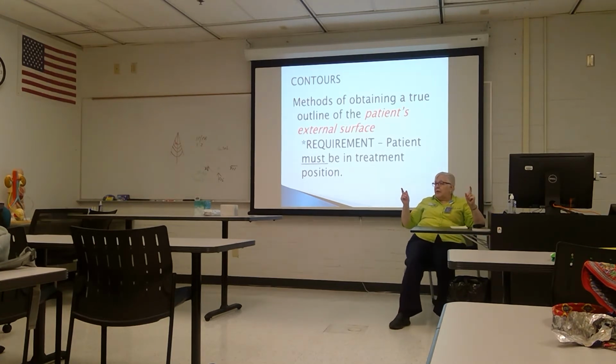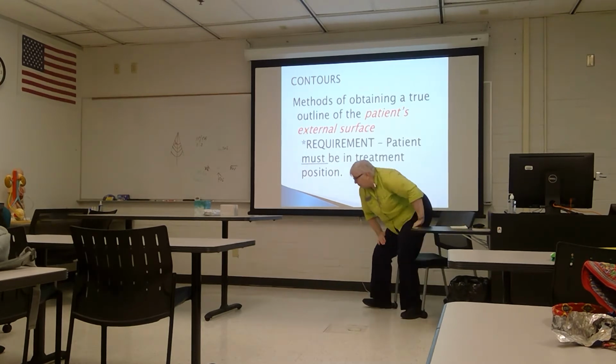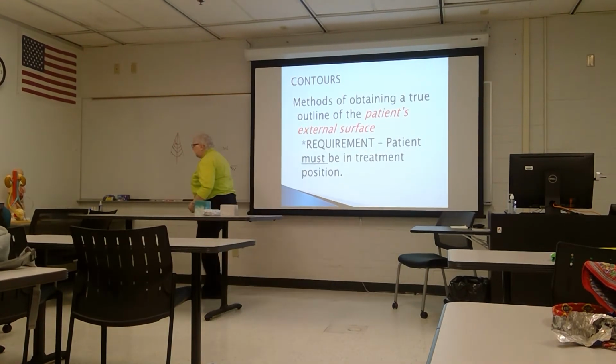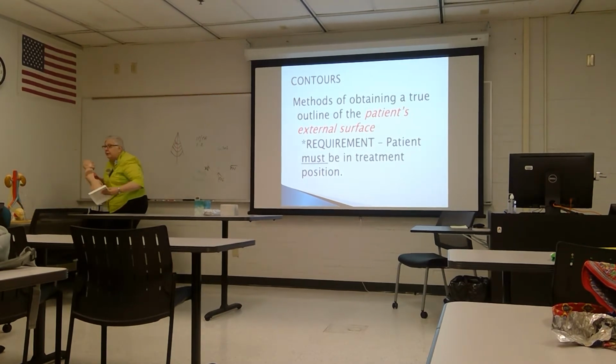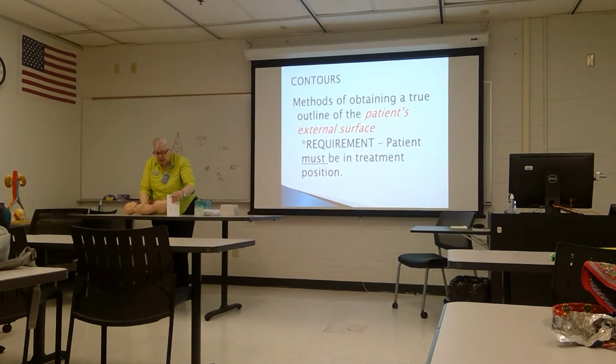First of all, you want to know where you're doing your contour. We'll call it a pelvis, it's easier. You get the patient on the bed, get this piece of wire, and pull it down over the contour of your patient.